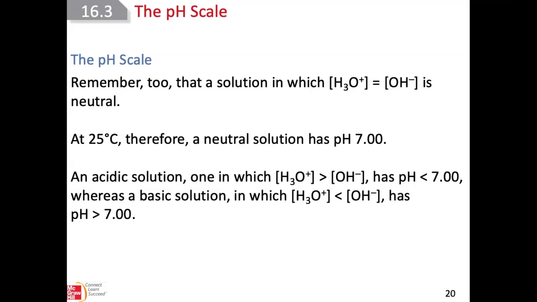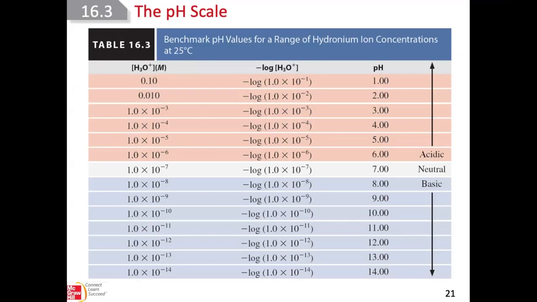So acidic solutions have low pH, less than 7. Neutral solution has a pH of 7, and basic solutions have a pH greater than 7. They're giving you in this table the benchmark pH values for some of the hydronium ion concentrations.